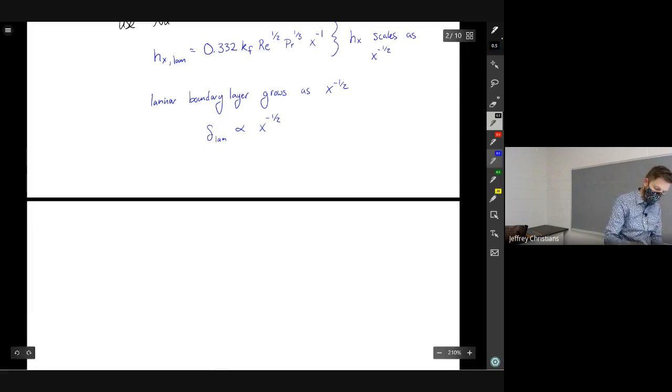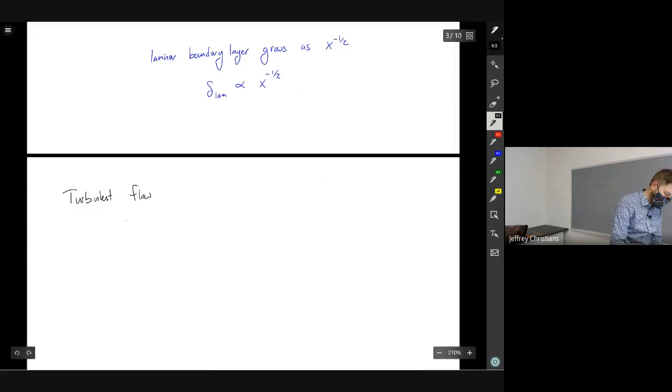So for turbulent flow, we want our model. We expect the Nusselt number to equal some function of Reynolds and Prandtl, like C Reynolds to the m, Prandtl to the n.